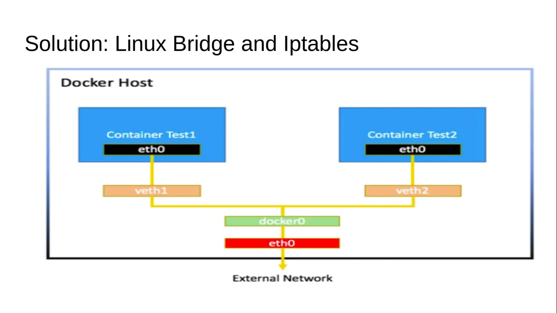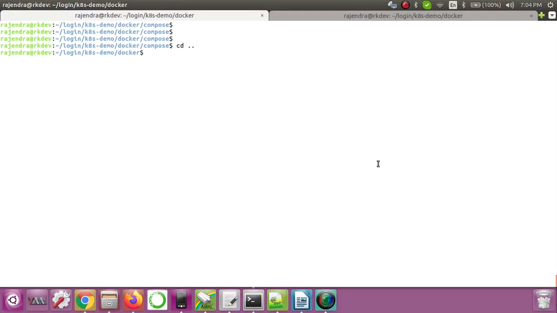Okay, now let's see this in a practical way. What we have discussed is, when we install Docker, there are basically three types of network created: none, host network and the bridge network.